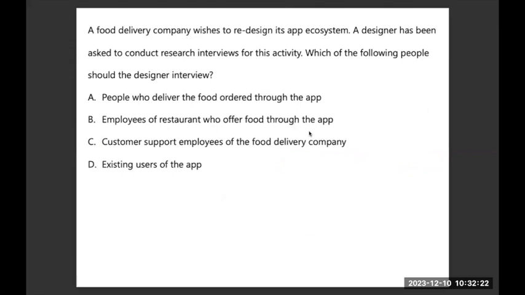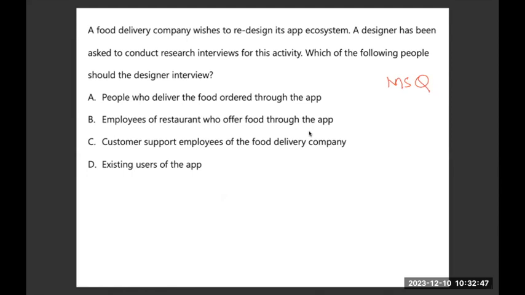So you're given a situation, this is an MSQ based question. One or more options are correct in this case. A food delivery company wishes to redesign its app ecosystem. A designer has been asked to conduct research interviews for this activity. Which of the following people should the designer interview?